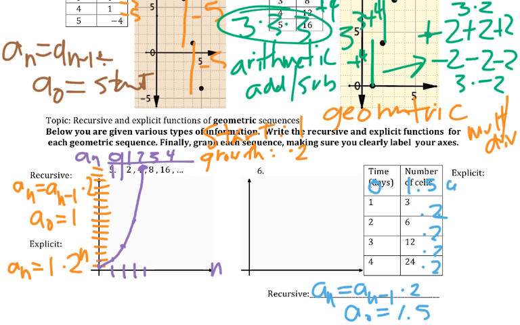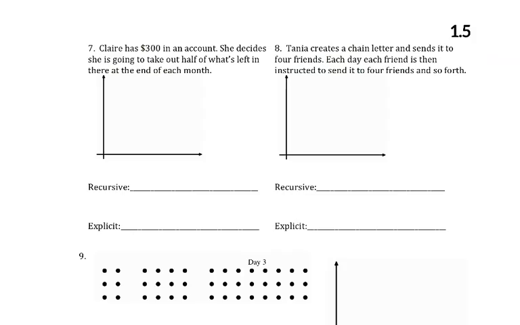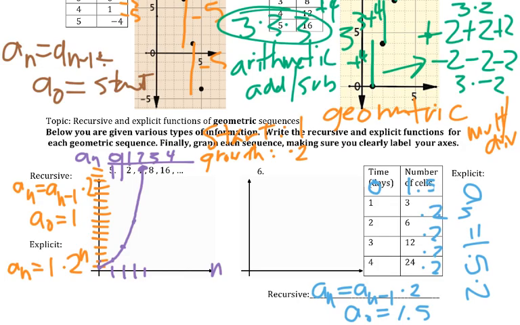So explicit, a sub n equals our starting number, 1.5, times 2 to the n. I am just off my game right now, aren't I?